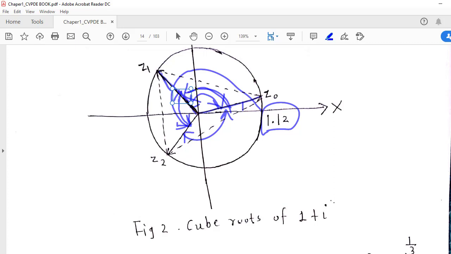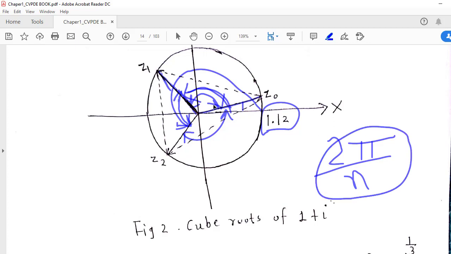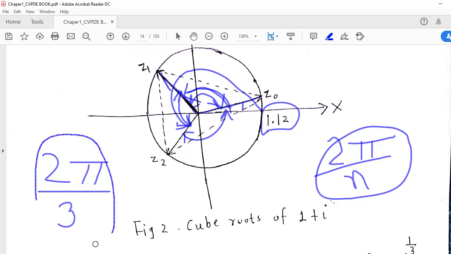So what will be this angle? Remember, if you have n roots, then the roots are equally spaced every 2 pi by n radians. Now here n is 3, so the roots are equally spaced at every 2 pi by 3 radians.